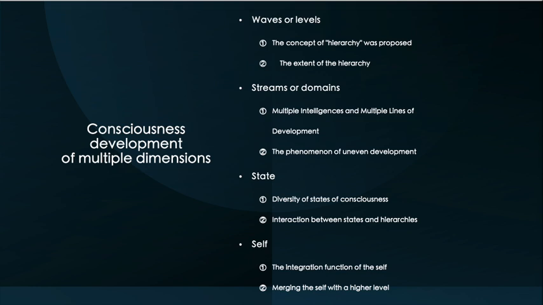For example, wakefulness, dreaming, deep sleep, meditation, religious or spiritual experiences. People can go through different states in a short period of time, and these states do not necessarily correspond to a fixed stage or level.